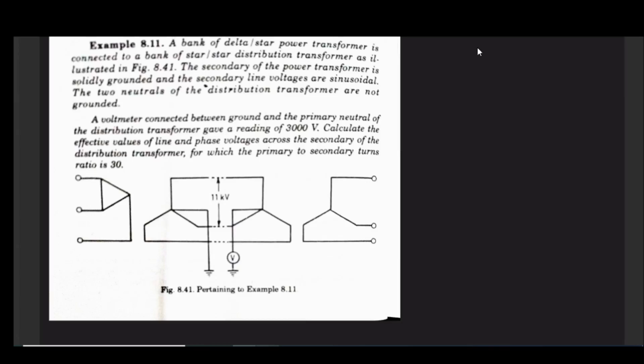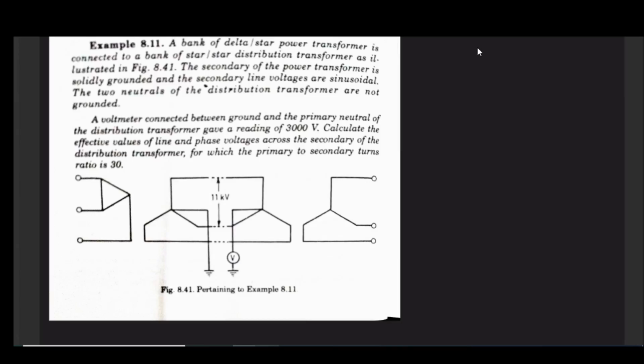Okay, a voltmeter connected between ground and the primary neutral of the distribution transformer gave a reading of 3000 volt. Fine. Calculate the effective values of line and phase voltage across the secondary of the distribution transformer, for which the primary to secondary turns ratio is 30. Okay. So it is clear from the figure, it is 11 kV. Now 3000 volt present between transformer neutral and ground is due to third harmonic voltage.